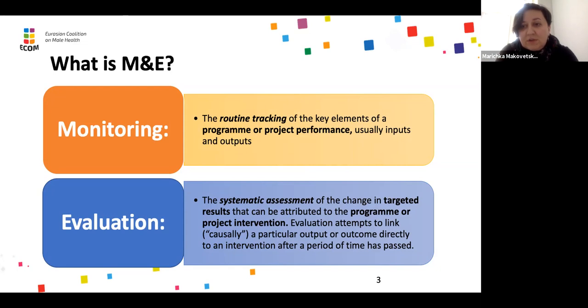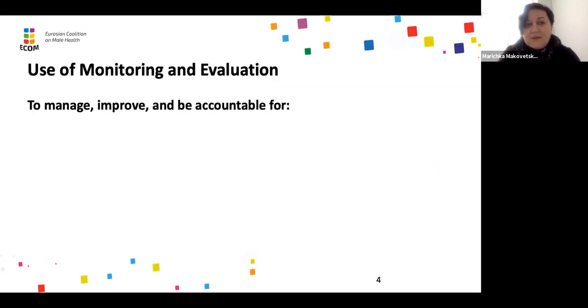Usually it talks about inputs and outputs indicators, and a few slides later we will talk about that. Why should we use monitoring? To manage our program, to improve it, and to be accountable, which is very important nowadays.